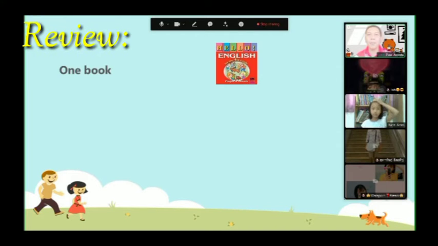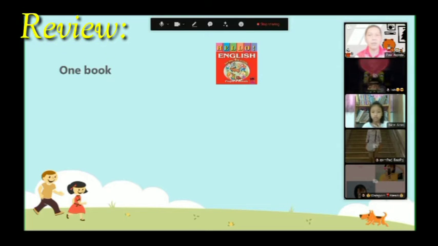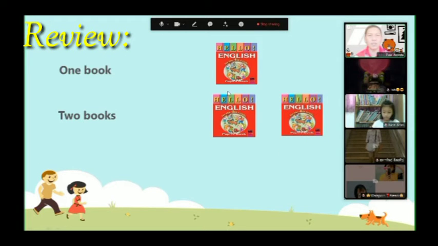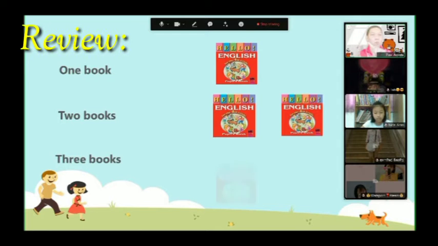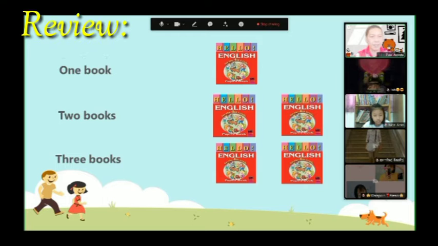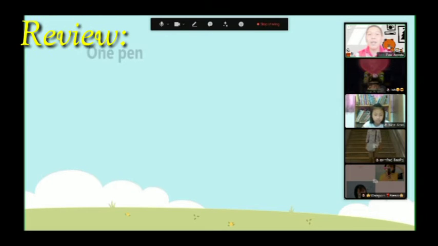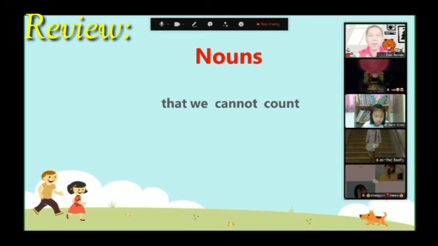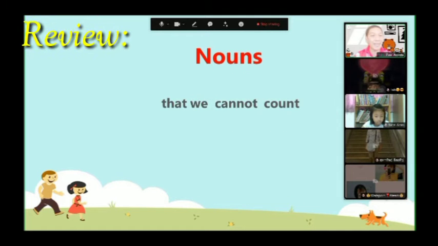Example for countable noun: book, two books, three books. As you can see here, you can count on your fingers like 1, 2, 3. You can say the numbers exactly. But when we say uncountable noun, these are the nouns that we cannot count.